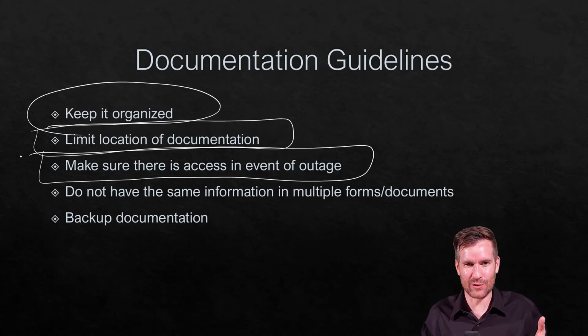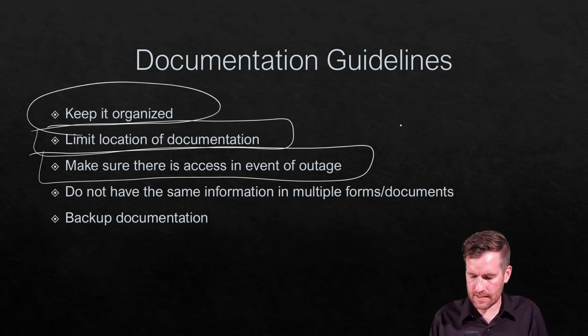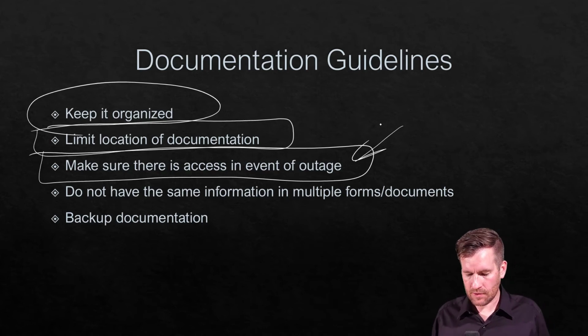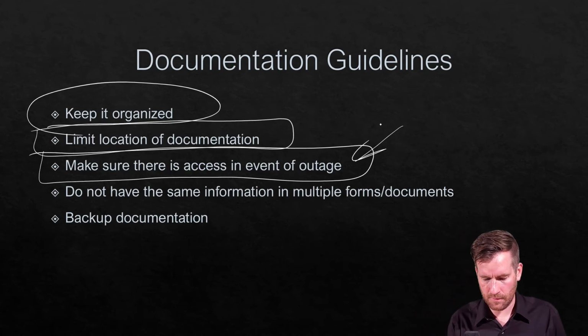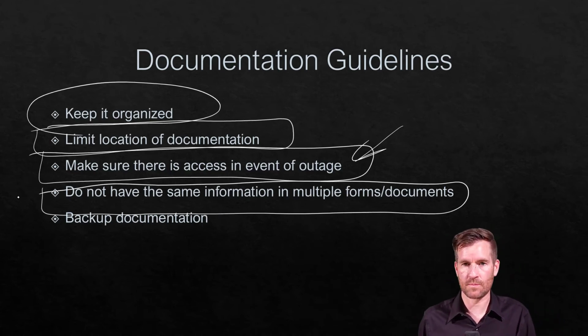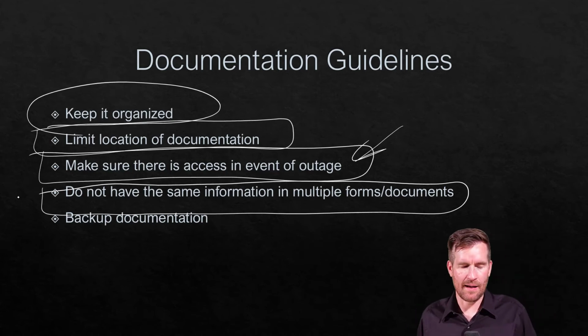And then how do you troubleshoot? So however you're keeping this data, make sure it's accessible if there is a network outage, and consider maybe having 2 locations for it. This is a big one for me: I do not have the same information in multiple forms or multiple documents, multiple locations.